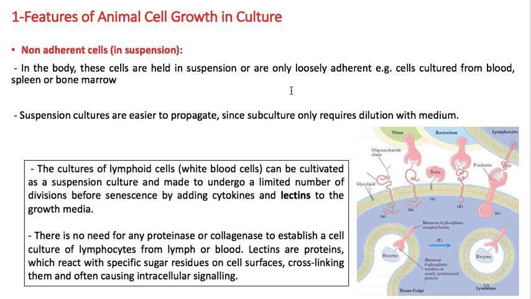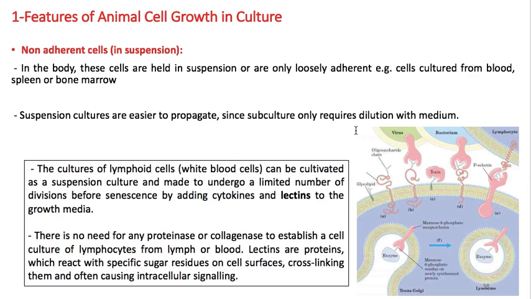So in the body, in vivo, these cells are held in suspension. So we have to culture them in suspension in vitro. Blood cells, lymphocytes, platelets will never be adherent on a container surface.